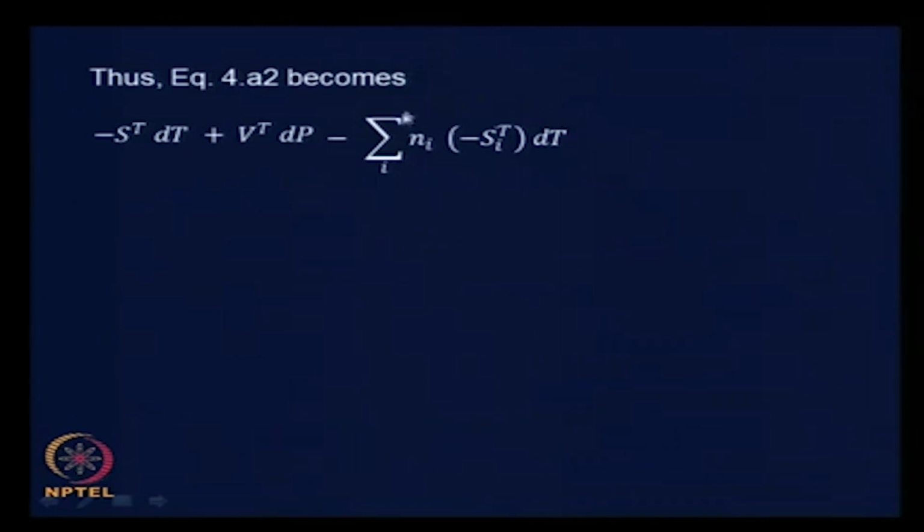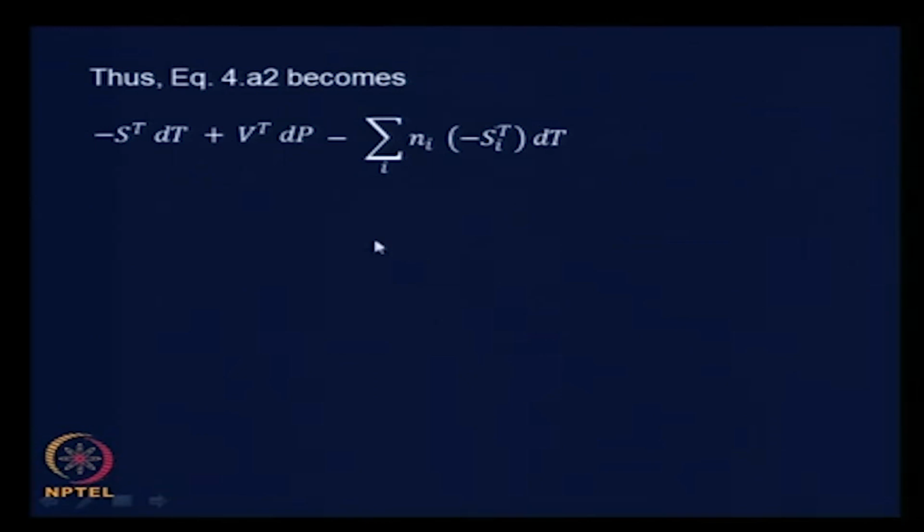Now, this is where we are substituting the relationship that we obtained from the reciprocity relationship as operated on the Gibbs-Duhem equation. Remember, we got the partial molar entropy and the partial molar volume. So, the third term was minus sum over Ni of minus Si, this is what we got from the reciprocity relationship, dT, and the fourth term, from the other reciprocity relationship, minus sum over Ni Vi dP.